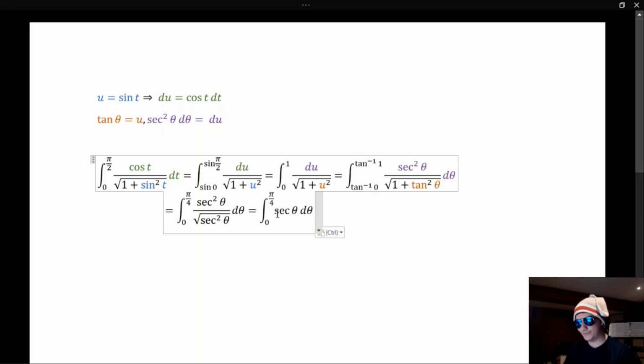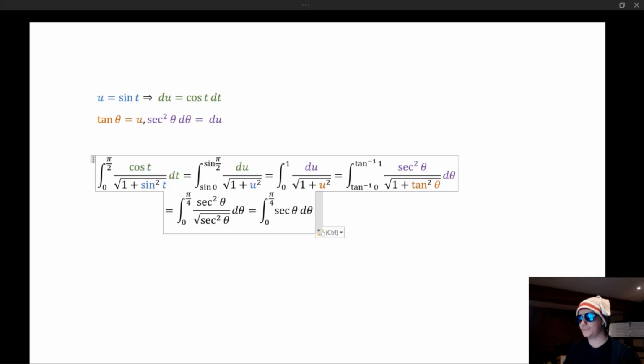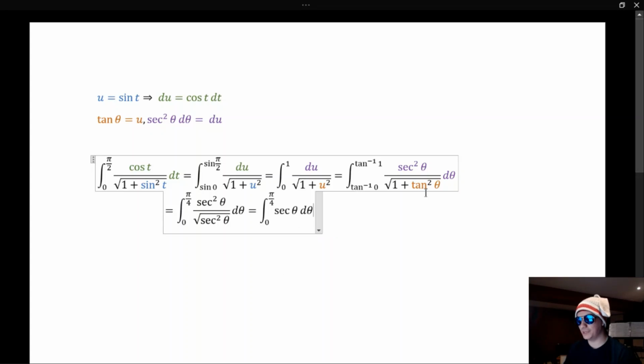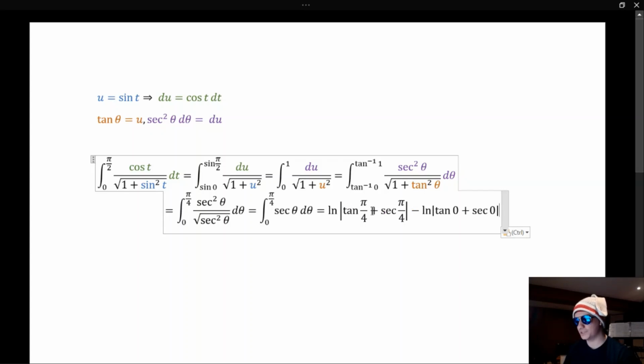The integral of sec theta is ln absolute value of tan theta plus sec theta. So with the bounds, that's going to be ln absolute value tan pi over 4 plus sec pi over 4, minus ln absolute value tan 0 plus sec 0.